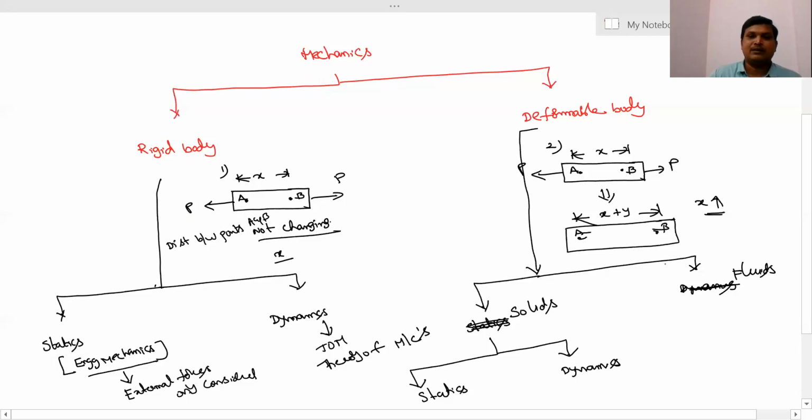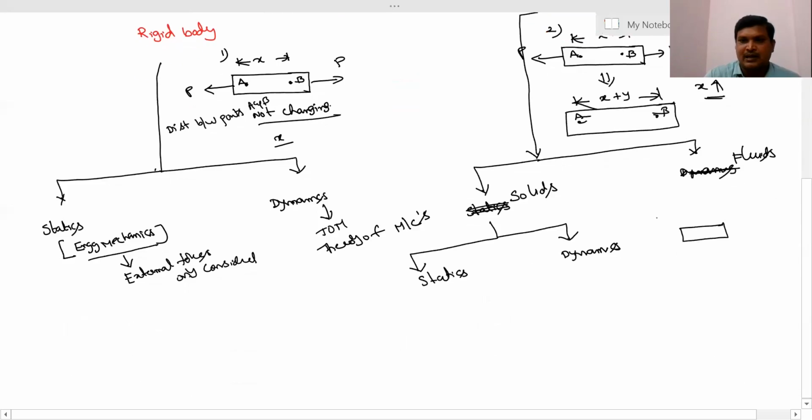So what is the difference between solids and fluids? For example, I'm taking a solid body here, and I'm taking another body here with a fluid. This is a completely solid body, this is a fluid.